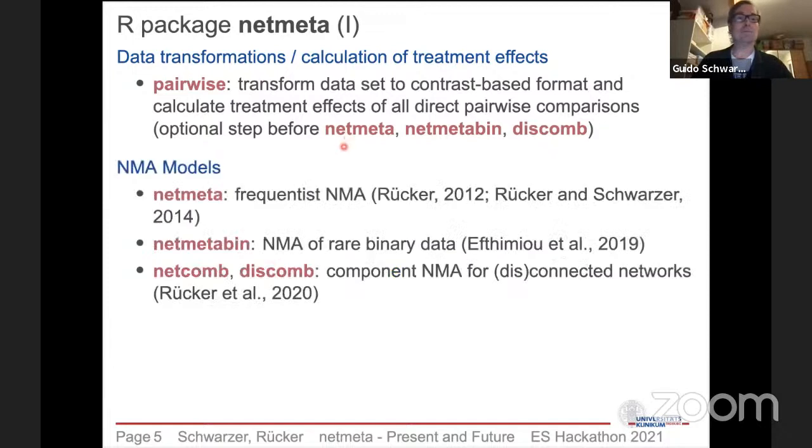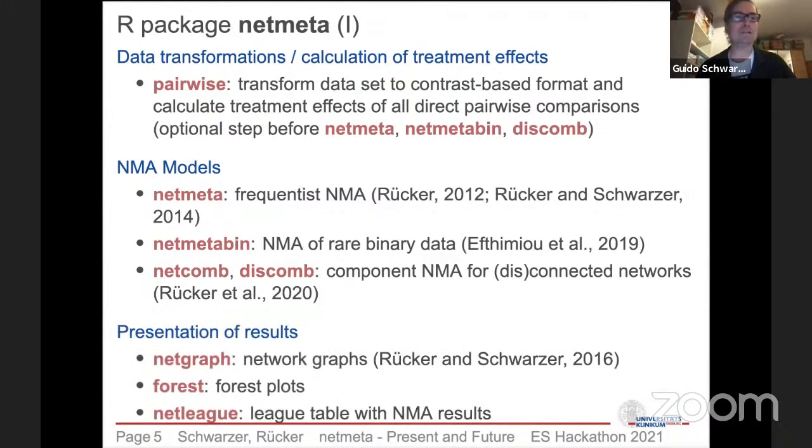Then we have the functions to fit the NMA models. netmeta provides the standard NMA model, netmetabin for rare binary data. And for component network meta-analysis, there is netcomb and discomb for connected or disconnected networks. For presentation of results, there's the netgraph function, forest function, and netleague for league tables.